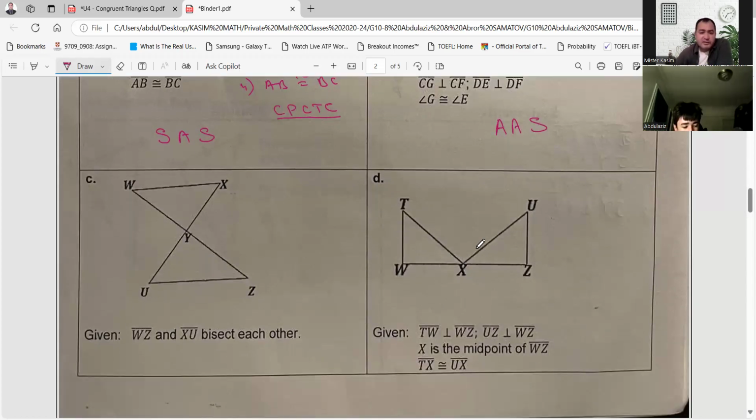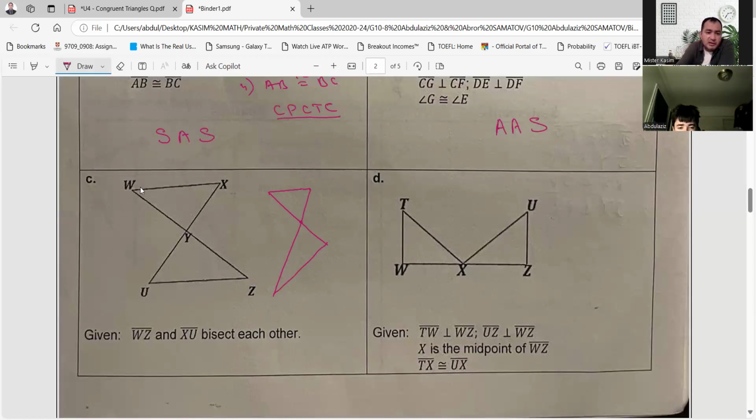Because if two lines intersect each other, it doesn't mean that they create congruent triangles. Like, for example, let's say two triangles. Let me just draw like this. So this and this, they are intersecting each other. Are they actually congruent? No. So they did give enough information here.